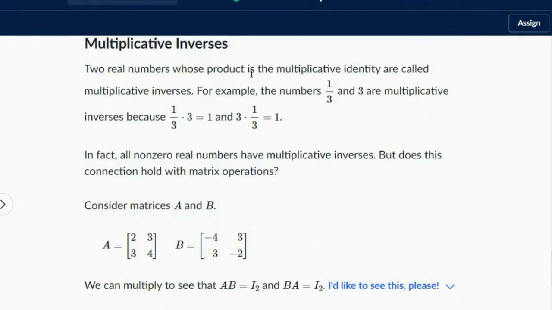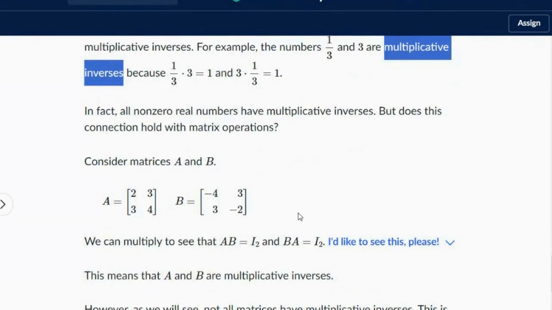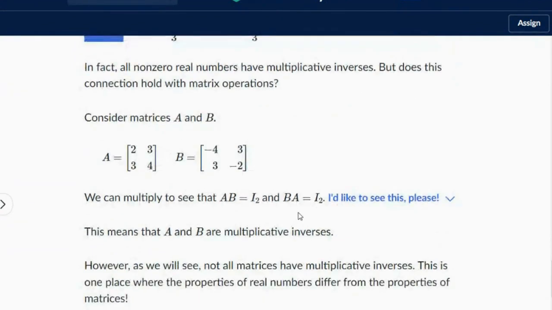Two real numbers whose product is the multiplicative identity. Oh, this is interesting. So 1/3 and 3. You may not have used these terms much in math, but those are multiplicative inverses, 1/3 and 3, because when you multiply them together, you just get 1. So you can have matrices that are multiplicative inverses.